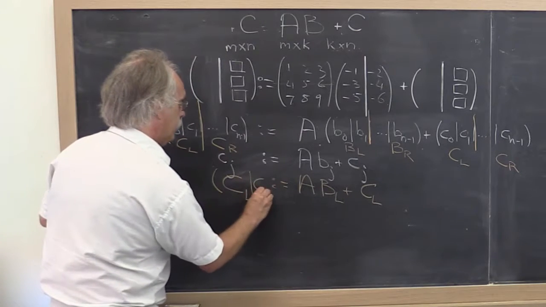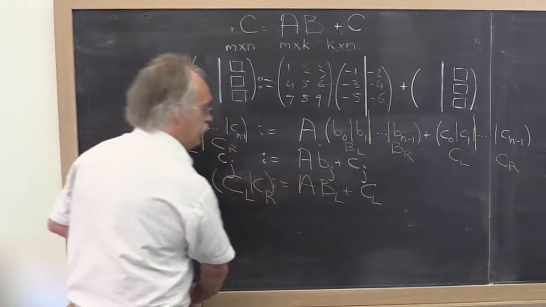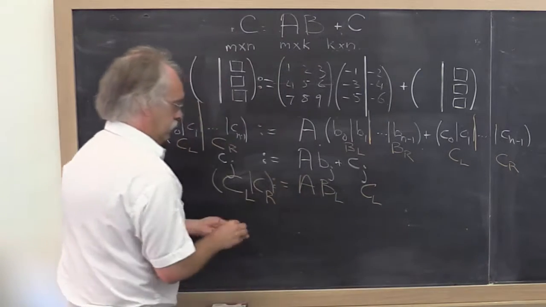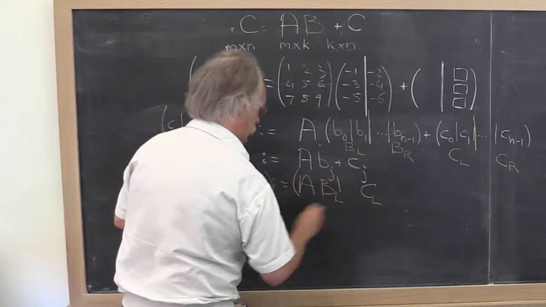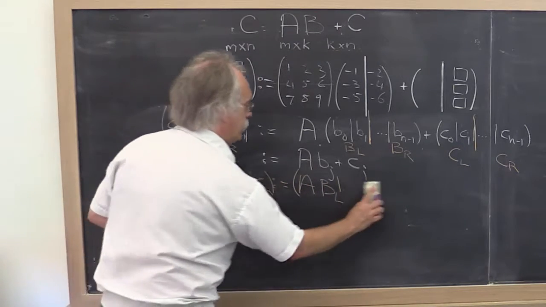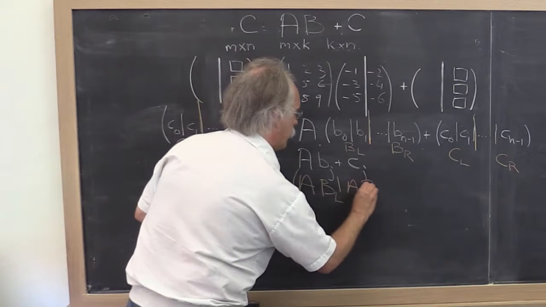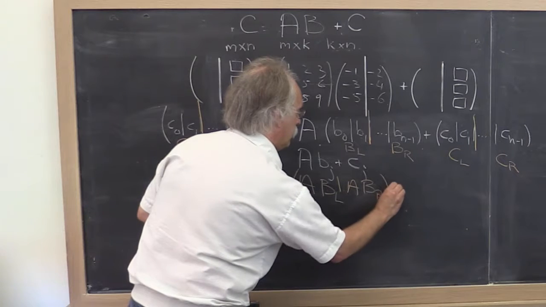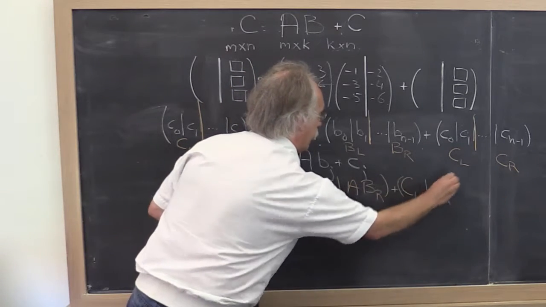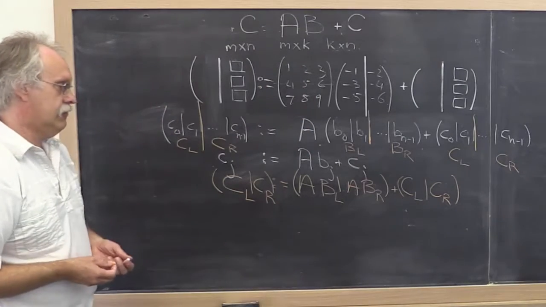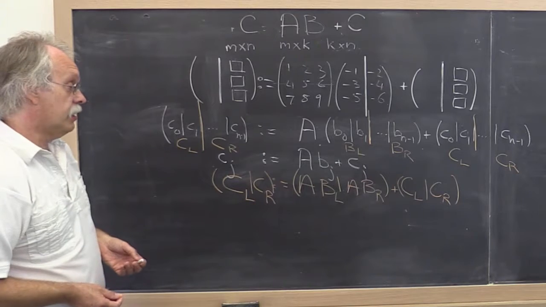Similarly, we can see that the right part of C should be computed as A times the right part of B plus the right part of C. Okay, let's massage that a little bit further.